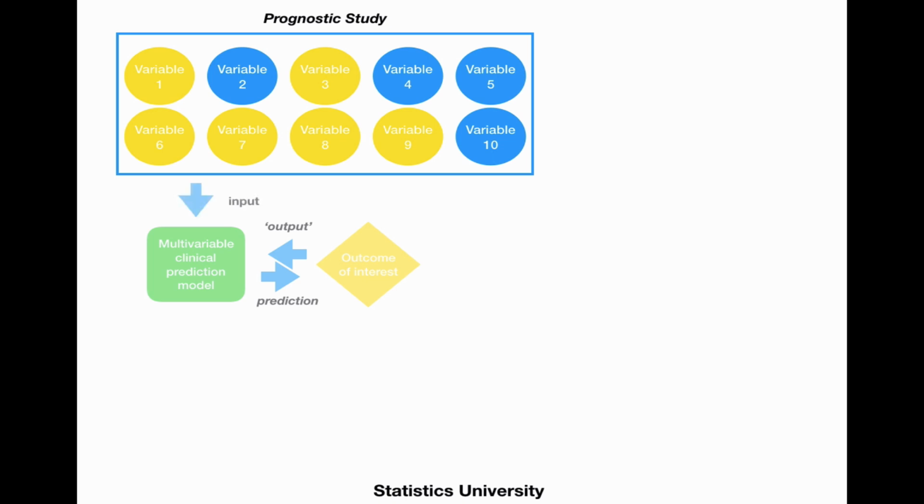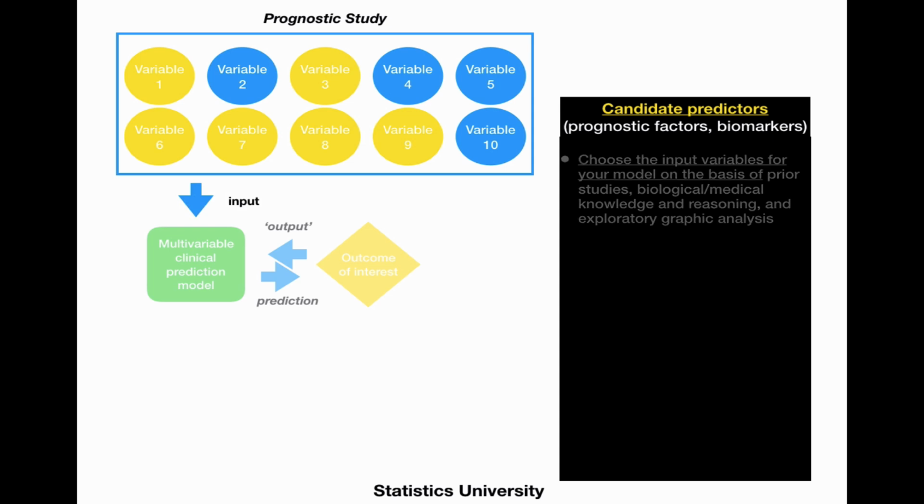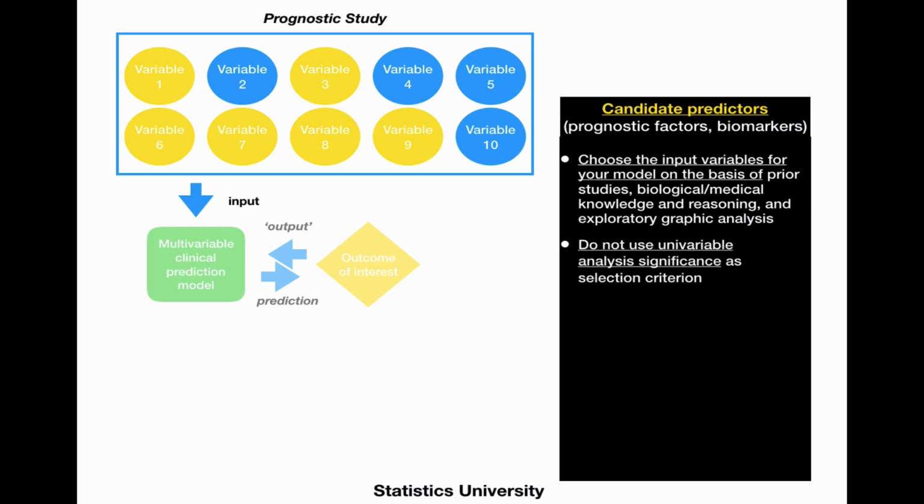Now let's zoom in on the first part of the process, the part where we select variables as input to the clinical prediction model. These variables are candidate predictors, prognostic factors, or biomarkers. You should choose the input variables for your model on the basis of prior studies, biological and medical knowledge and reasoning, and exploratory graphic analysis. And I think you should refrain from using univariable analysis significance as a selection criterion.